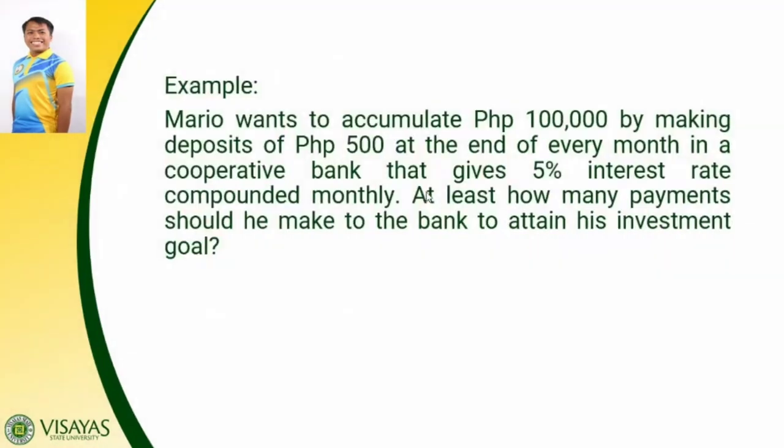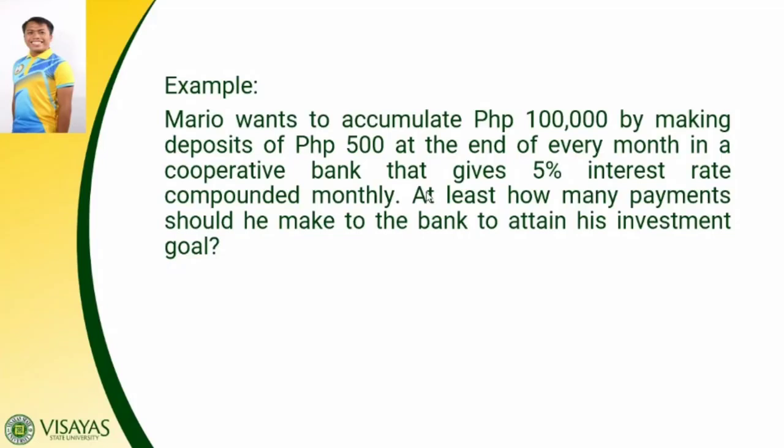Mario wants to accumulate 100,000 pesos by making deposits of 500 at the end of every month in a cooperative bank that gives a 5% interest rate compounded monthly. At least how many payments should he make to the bank to attain his investment goal?